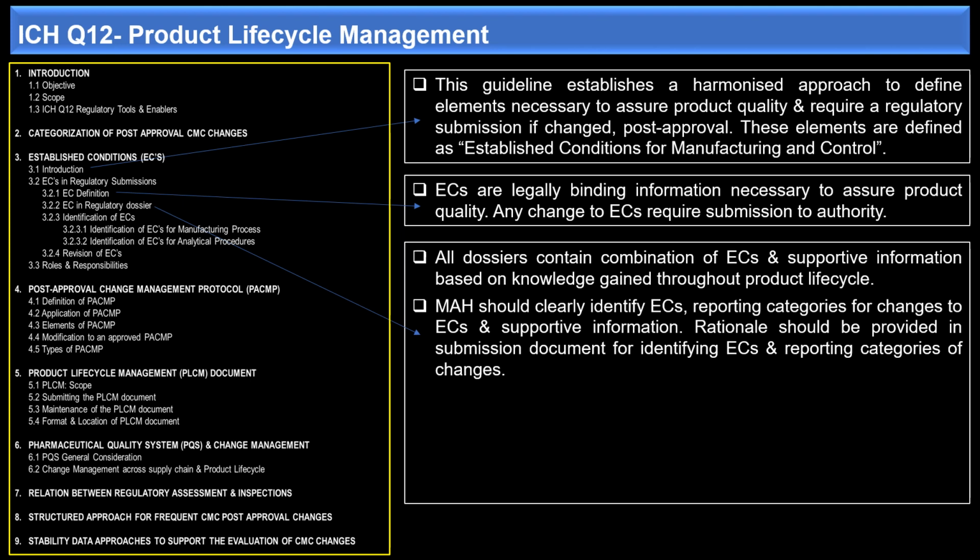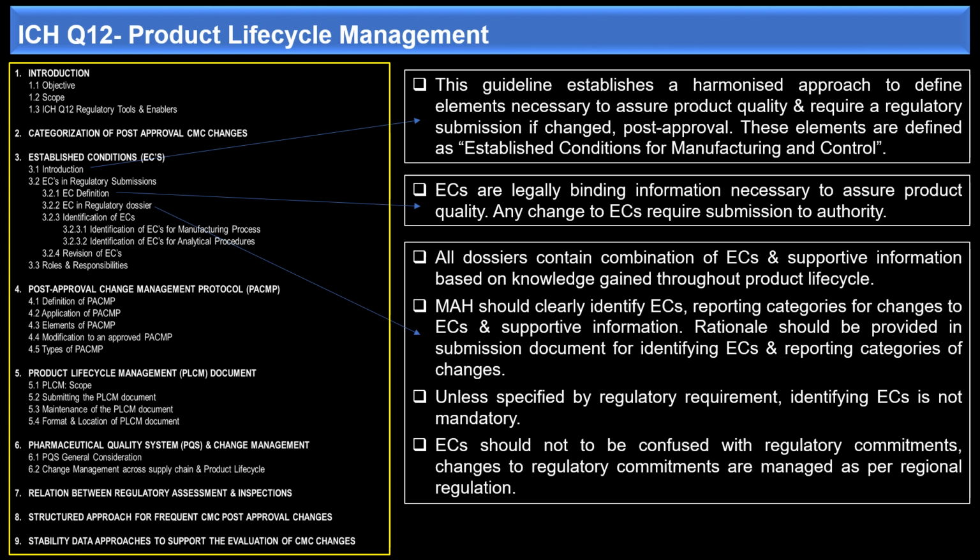Rationale should be provided in the submission document for identifying those specific ECs and reporting categories of changes to these ECs. It should be noted that unless specified by regulatory requirement, identifying the ECs is not mandatory, and established conditions should not be confused with regulatory commitments. Changes to the regulatory commitments are managed as per local regulations.